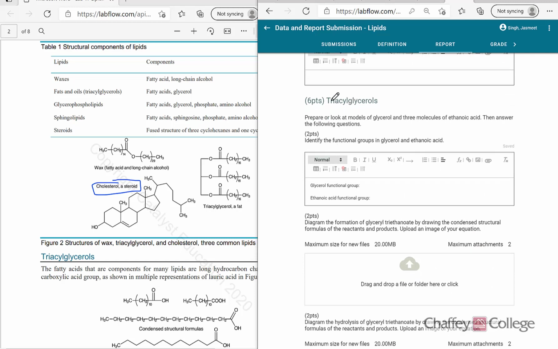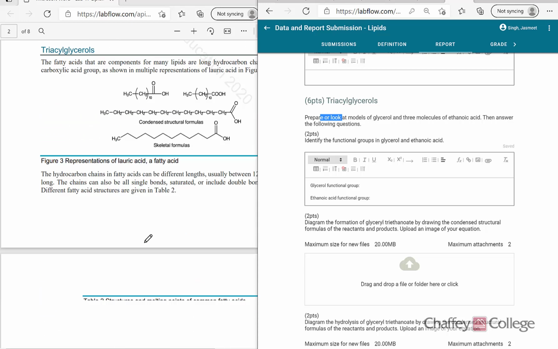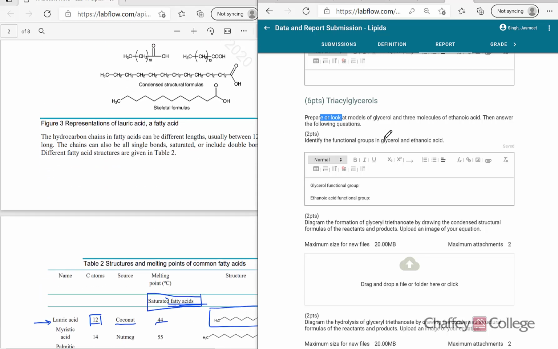The next section is about triacylglycerols. Prepare or look at models of glycerol and 3 molecules of ethanoic acid, then answer the following questions. In this case, identify the functional group in glycerol and ethanoic acid.